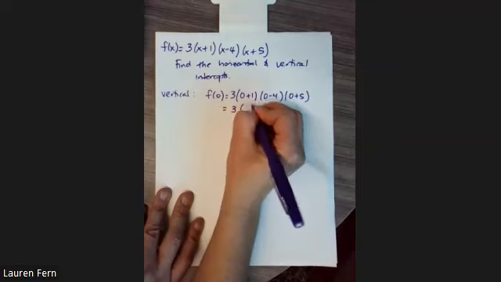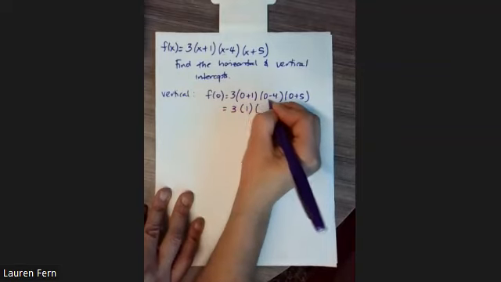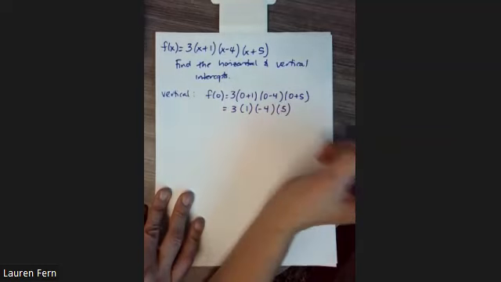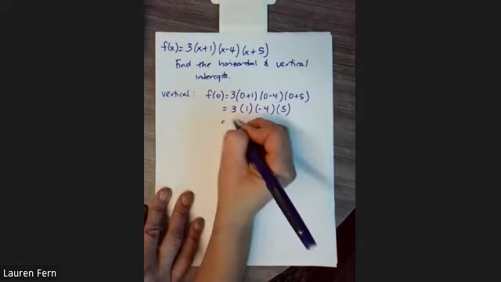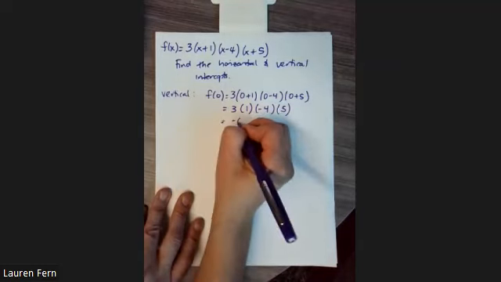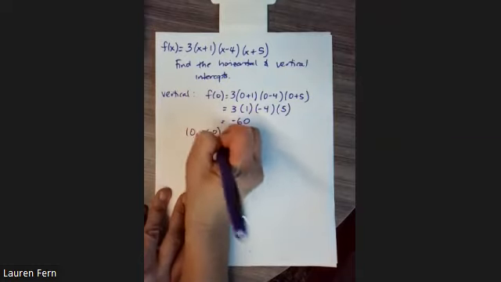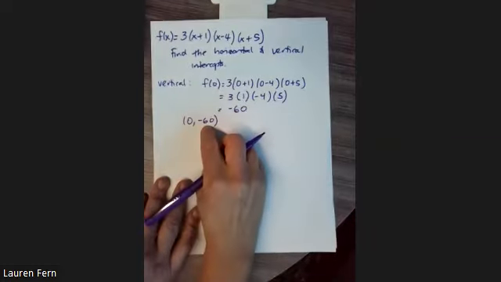Well, 0 plus 1 is 1. 0 minus 4 is -4. 0 plus 5 is 5. And we are going to get -60, 3 times -4 times 5. So my vertical intercept is at the ordered pair (0, -60).